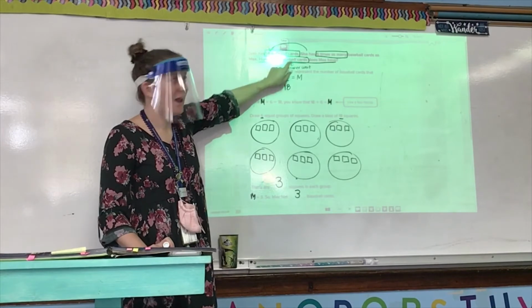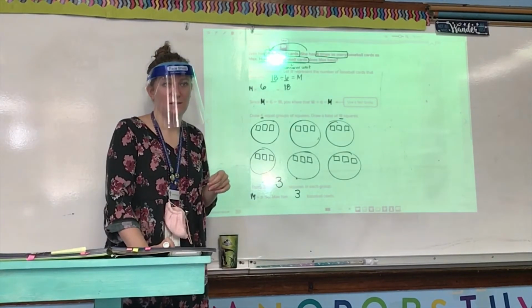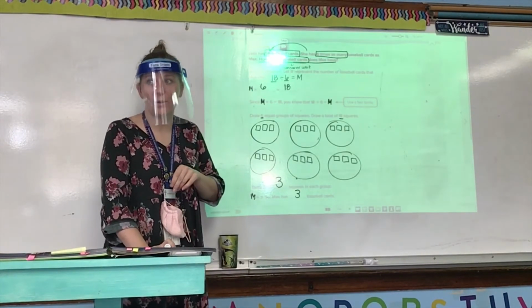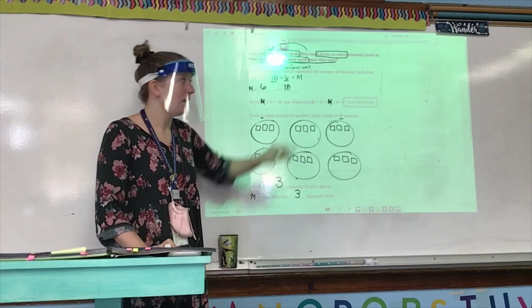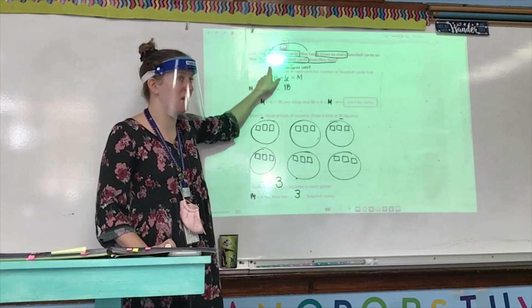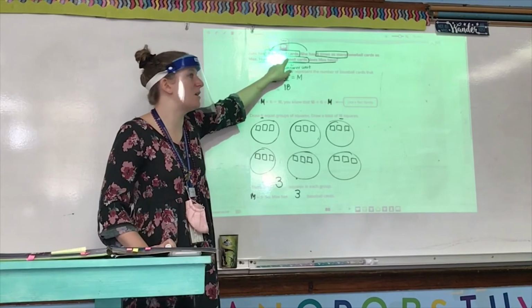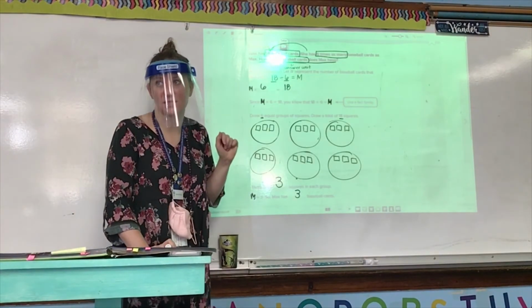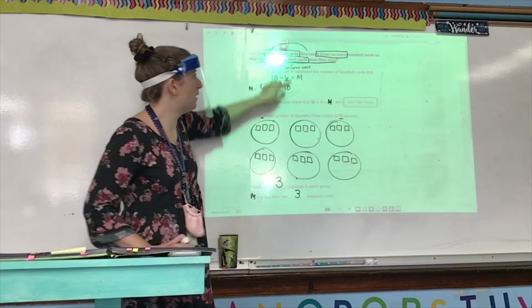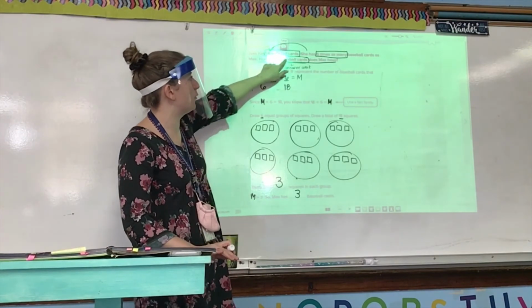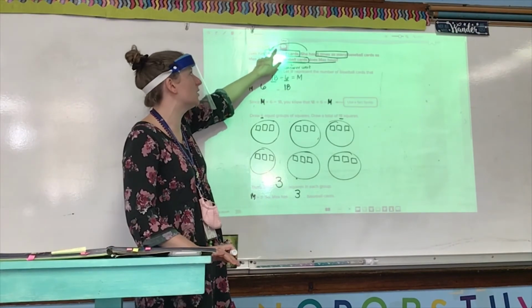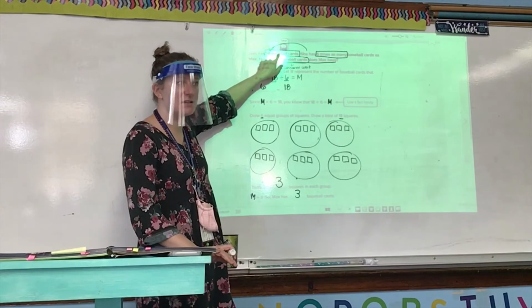How many? How many? Or how many more? Or how much more? It's not always the same word, but we always have something. So we always know that's going to be the unit our answer is in. We don't always have the same number before whatever that unit is, but we know we're looking for the number before that unit.